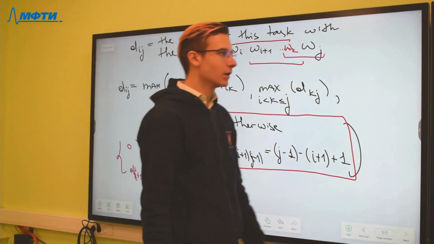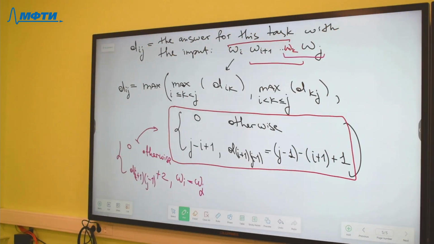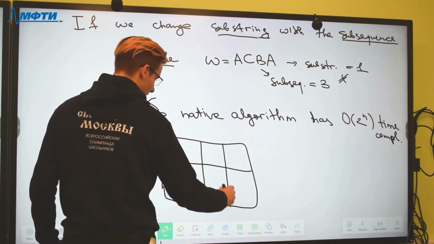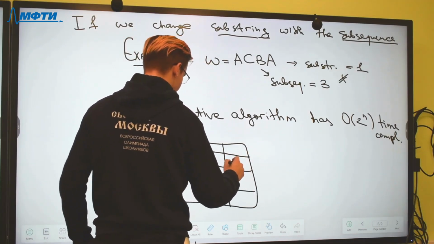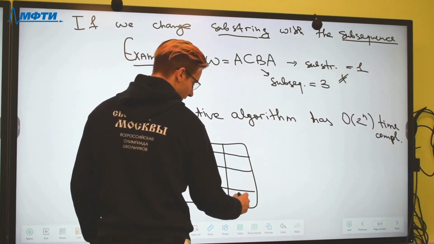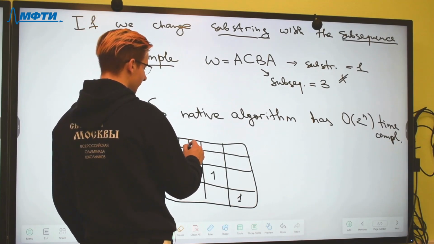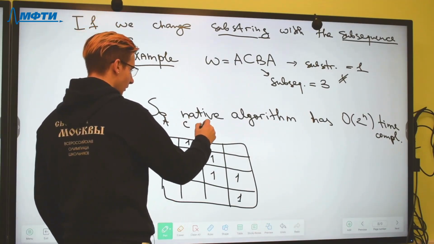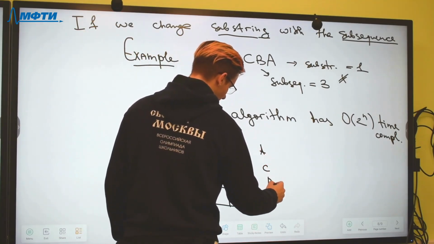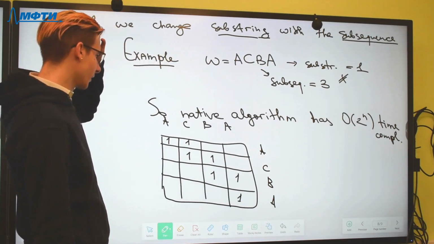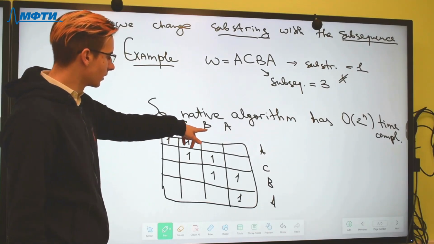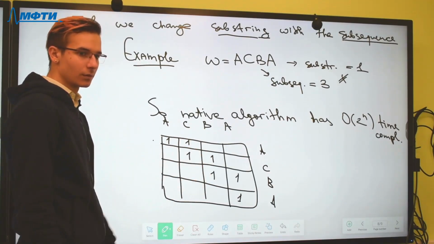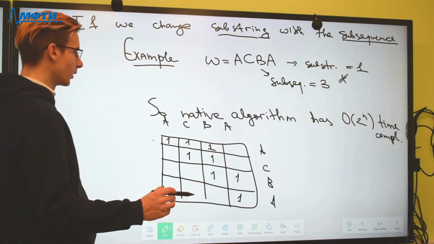Because now we can find the answer to this question with the two-dimensional dynamic programming as the previous one. Initially it is equal to 1 on the diagonal. Then I compare if I start with A and with B, they're not equal, so I take the maximum of these numbers, and it is equal to 1, 2.